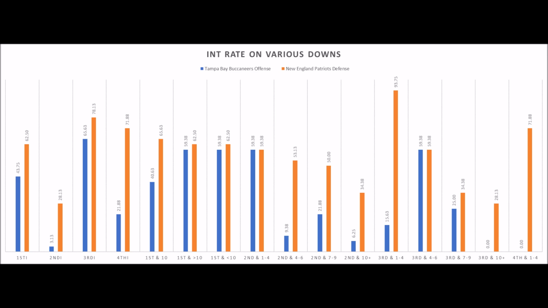In terms of interceptions, it's not as bad as the Patriots defense, but you're giving Tom Brady a safe haven, if you will, based on how they've played this year.